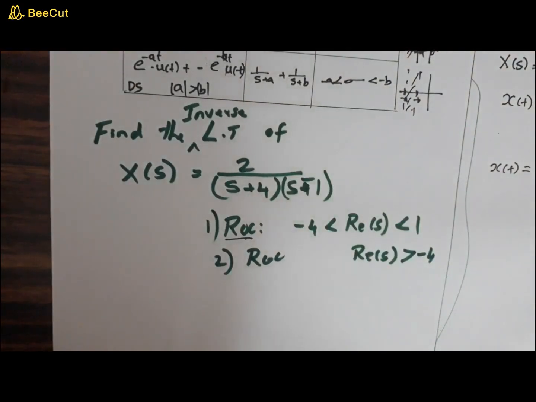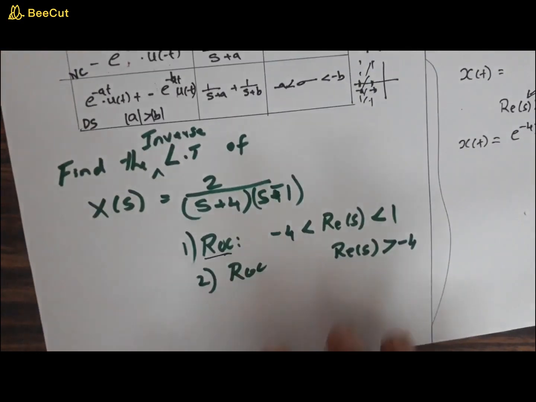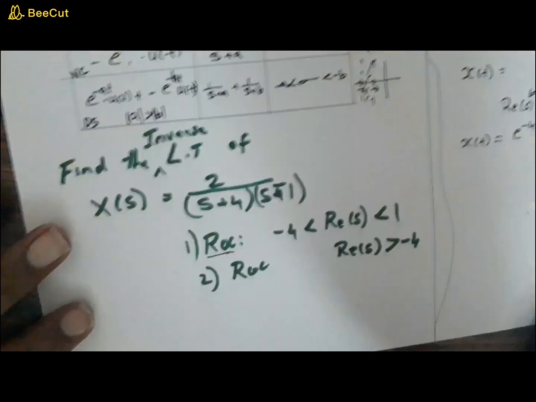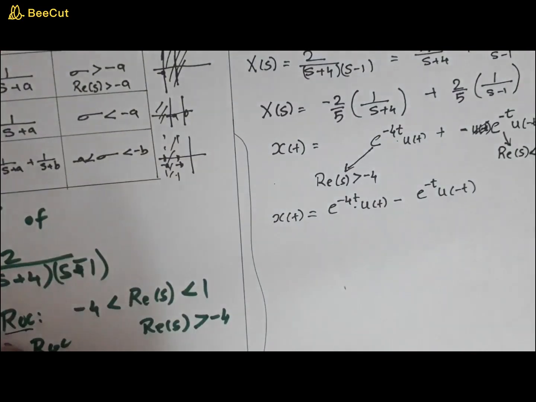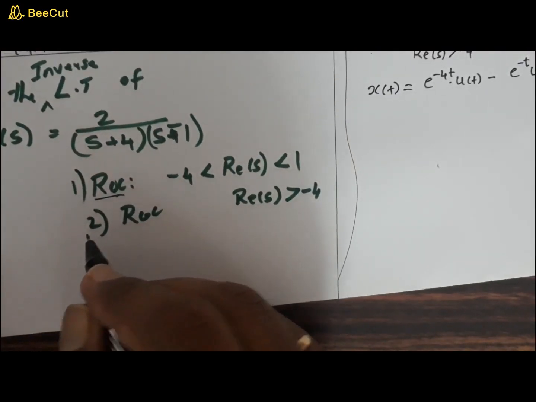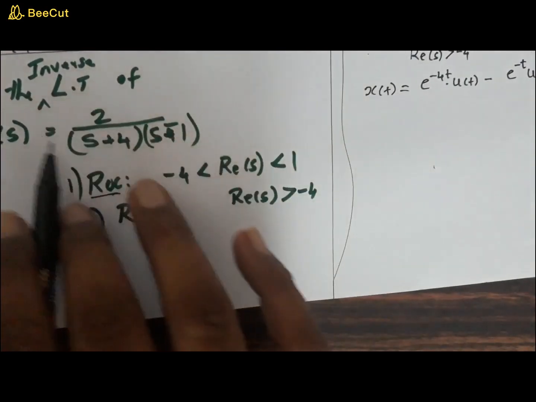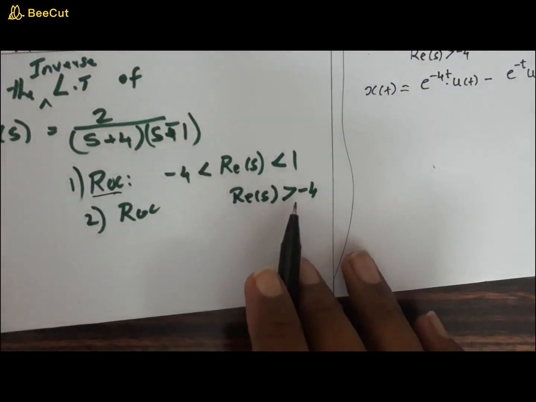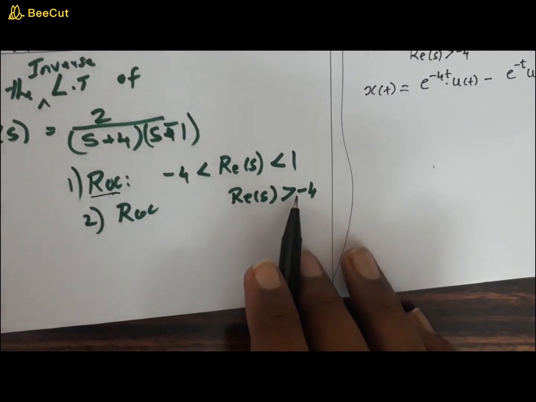That is the second ROC. Here again you have the same question, but the ROC is different. Now the combined signal has a ROC, real of s greater than minus 4.